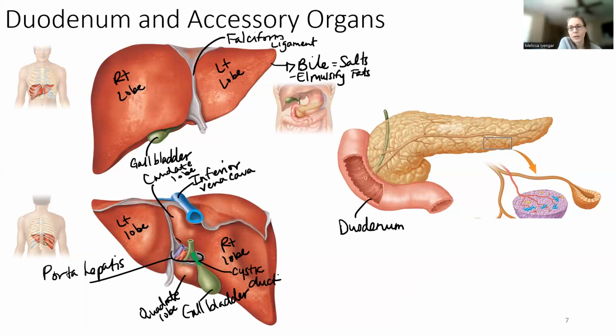The job of the gallbladder is to store bile. So if the liver makes too much bile, it gets sent to the gallbladder and is stored temporarily. The liver itself will have its own duct system right here, and this is going to be the common hepatic duct.